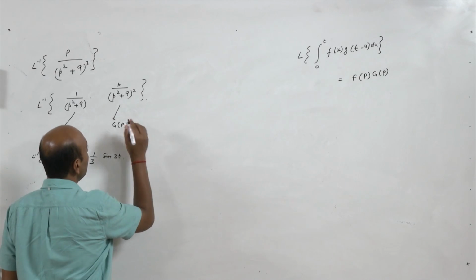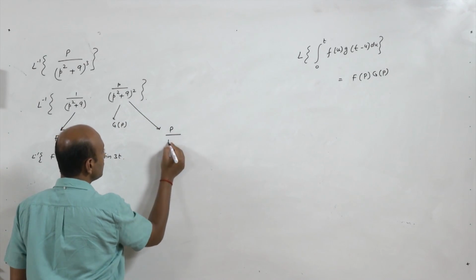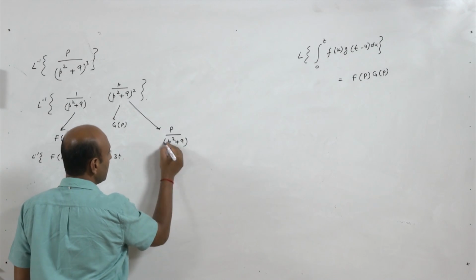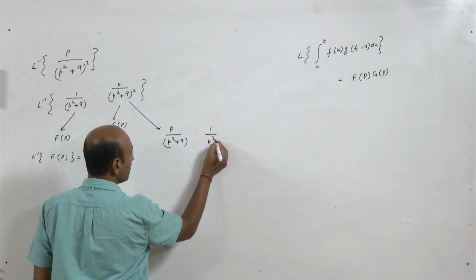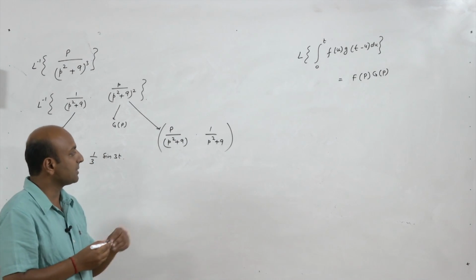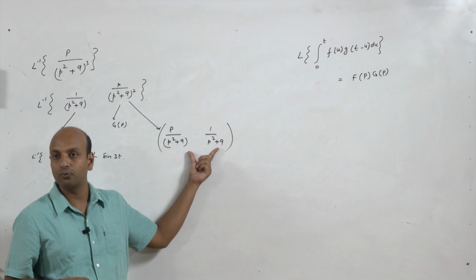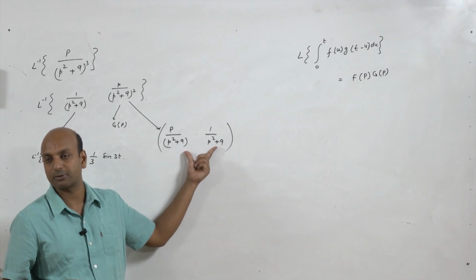I want to say that let us write this as p upon p square plus 9 into 1 upon p square plus 9. Okay. And suppose this is some function, this is some function, and again apply convolution theorem to find out Laplace inverse of this expression.